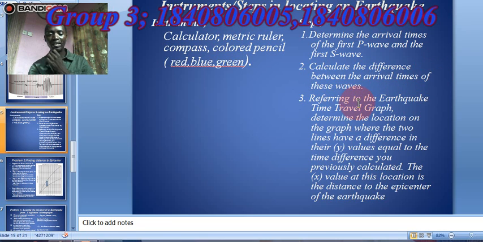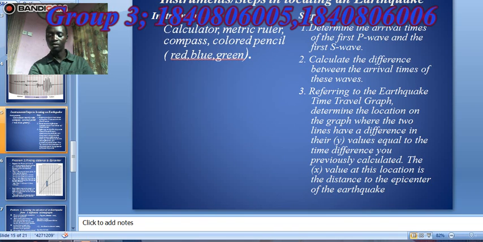Then you refer back to the earthquake time graph and determine the location on the graph where the two lines have a difference in their y value equal to the lag time you previously calculated. So the x value at this location is the distance to the epicenter of the earthquake. Very soon we will look at one example.